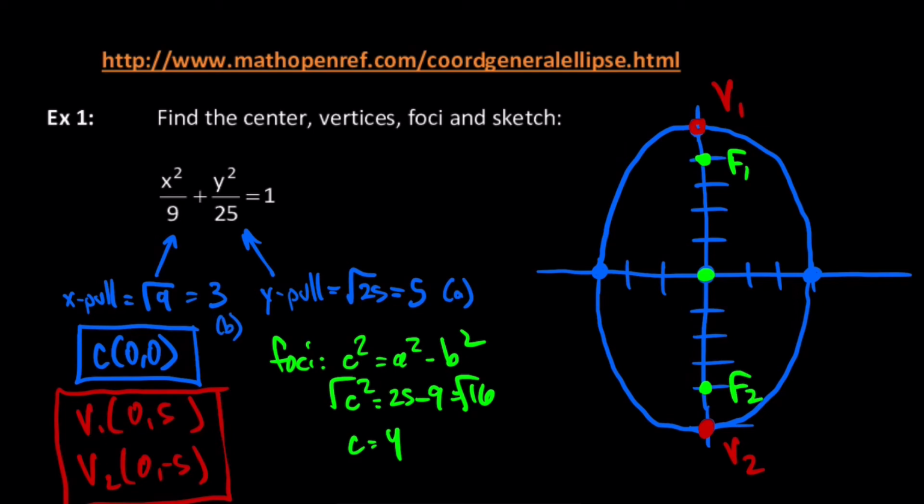What I want you to notice here is that the foci and the vertices are always on the major axis. So you always go from the center towards the vertex, and that's where the focus is going to be on this side. The foci are always inside the ellipse. So now I need those coordinates. F1 is going to be 0, 4, and F2 is going to be 0, -4.